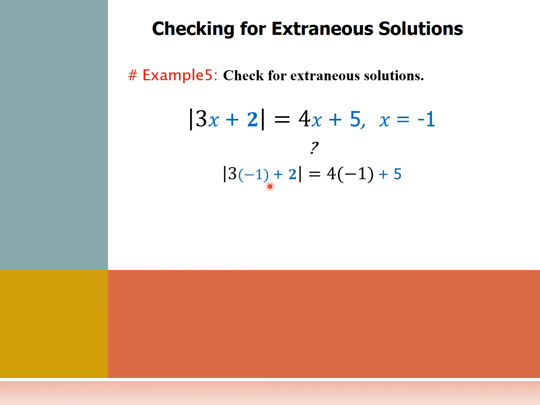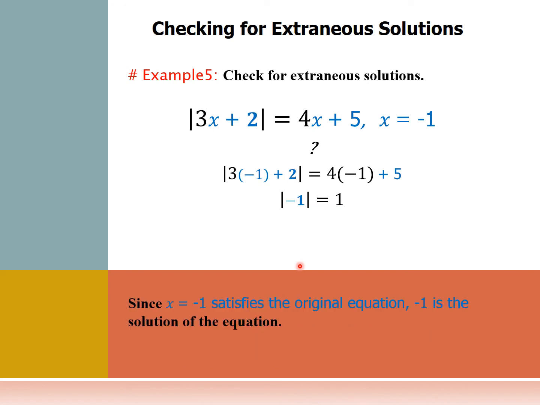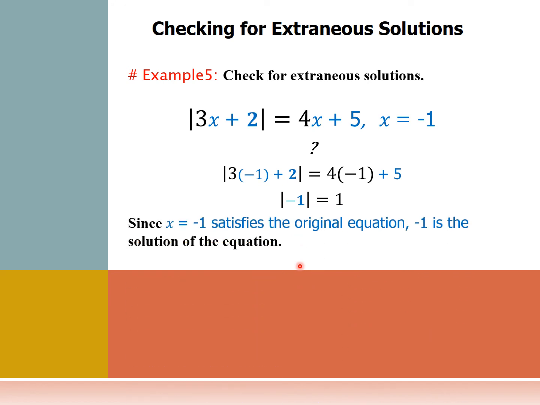So minus 3 plus 2 is minus 1, and the absolute value of minus 1 is 1. Is it equal to minus 4 plus 5? Minus 4 plus 5 is 1. So the absolute value of minus 1 is 1, which is equal to 1. So when x is equal to minus 1, it is a real solution of the equation.